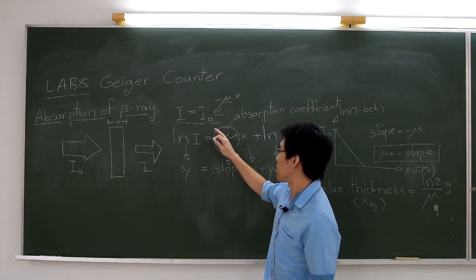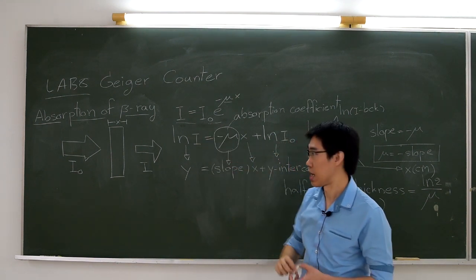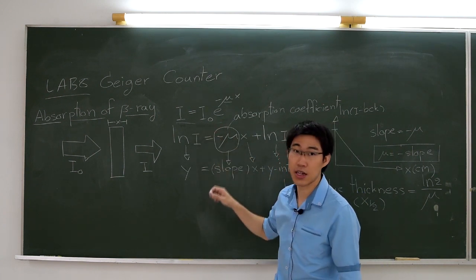However, this relation is complicated, which we don't like. So we will change this form into the linear relation.